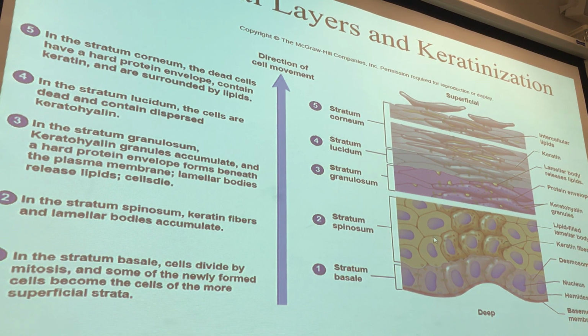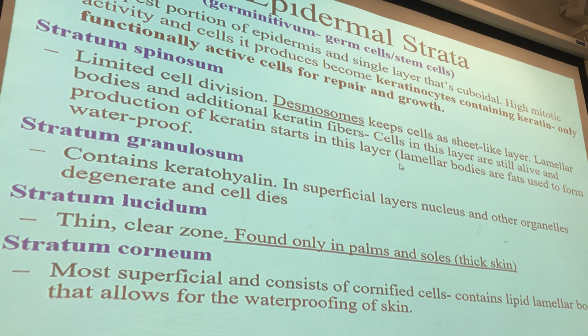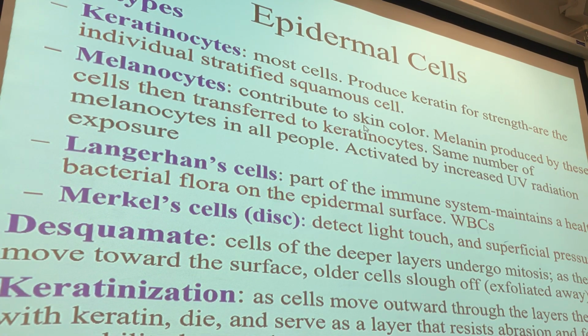As a whole, we call them stratified squamous cells. But when we look at each one individually, they are considered keratinocytes. Why? Because they contain lots of keratin. So the keratinocytes are the actual cells that make up the stratified squamous cell layers. Again, a little bit of subtlety there, right?